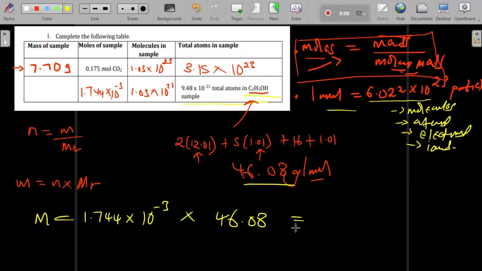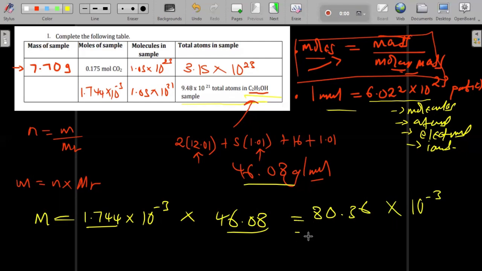Just multiply this number with the first number, and leave the 10 to the power something on its own. So it will be 1.744 multiplied by 46.08. There I'm getting 80.36, multiplied by 10 to the power minus 3.